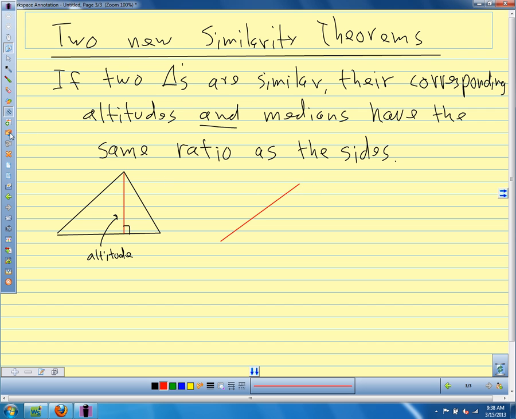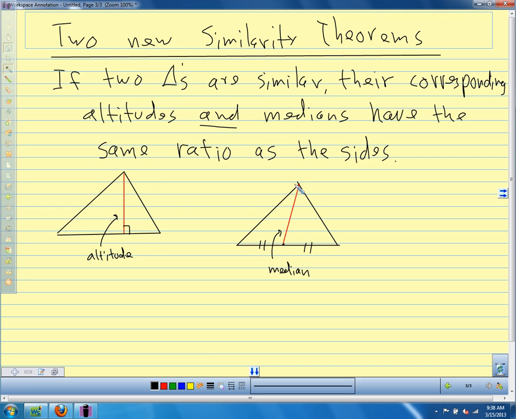And the median goes from the middle of the side to the opposite vertex. So the median cuts the opposite side in half. So this is a median. Altitude, 90-degree angles to the opposite vertex. Median, middle of the side to the opposite vertex.